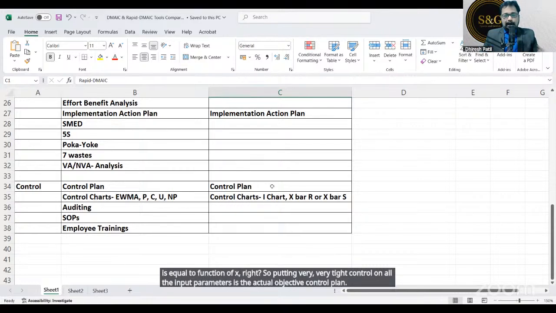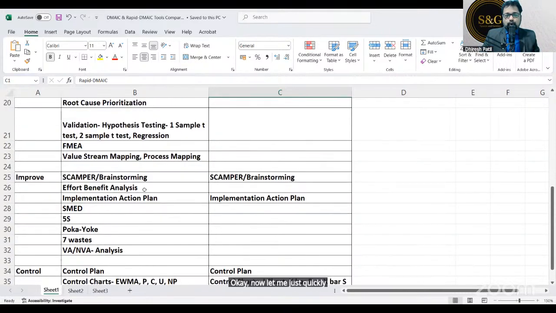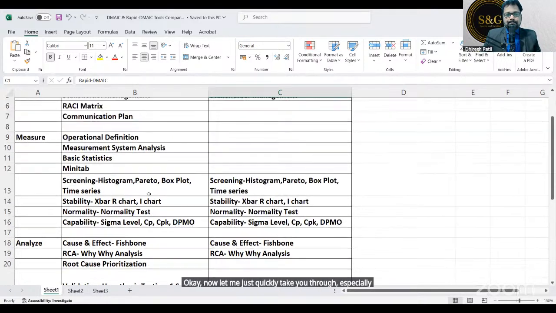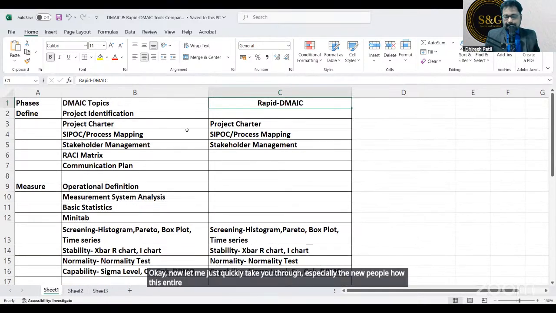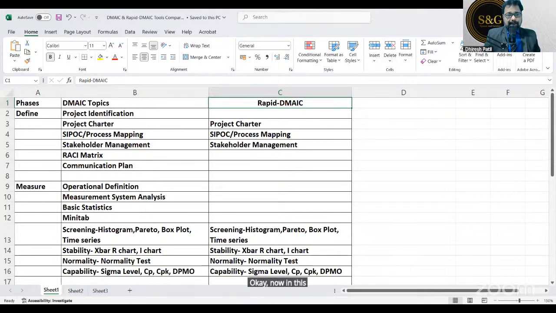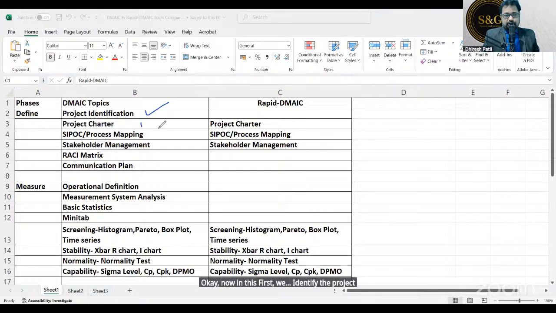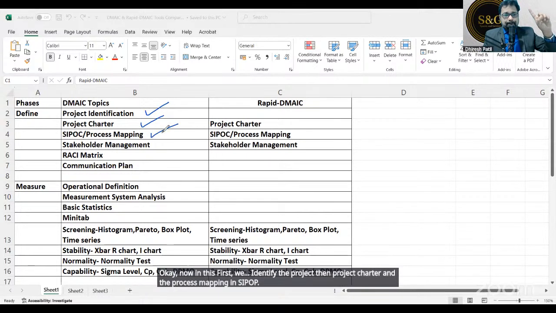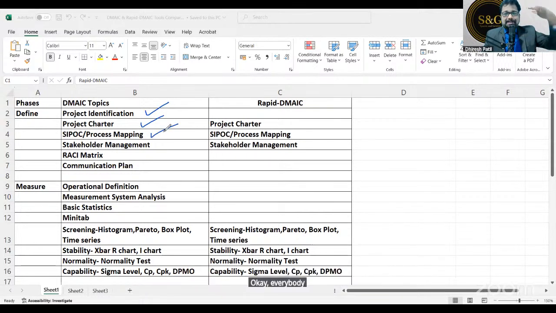Now, let me quickly take you through, especially the new people, how this entire flow works. First we identify the project, then the project charter, and the process mapping and SIPOC. Everybody's clear with these 3 points?